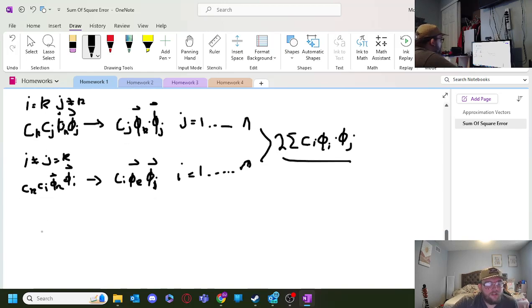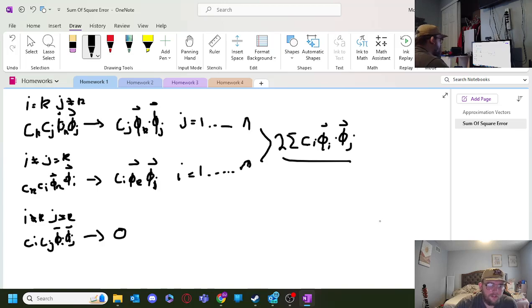And of course, the last case you have to talk about is when i does not equal k and j does not equal k: c_i, c_j, phi_i, phi_j. Now when you take the derivative of that, all that goes to 0, because with respect to c_k, these are constants.